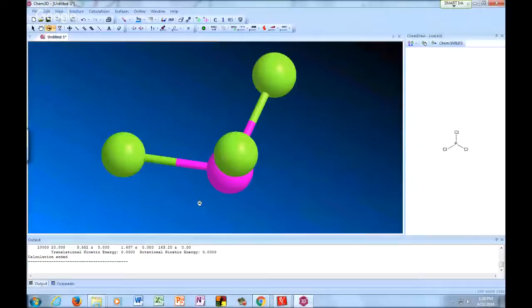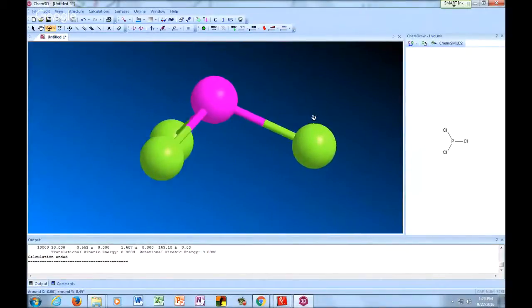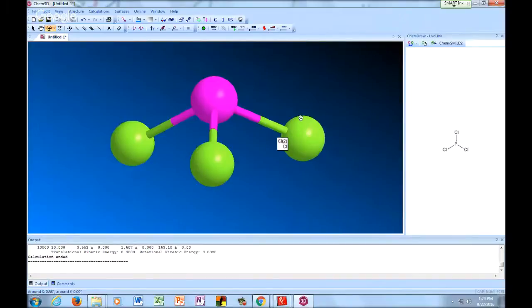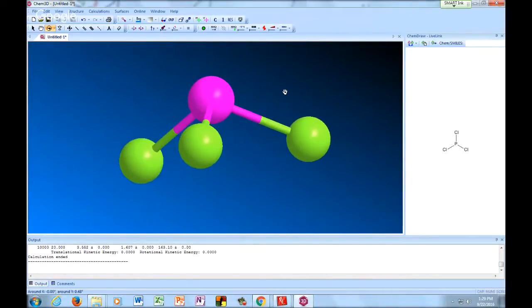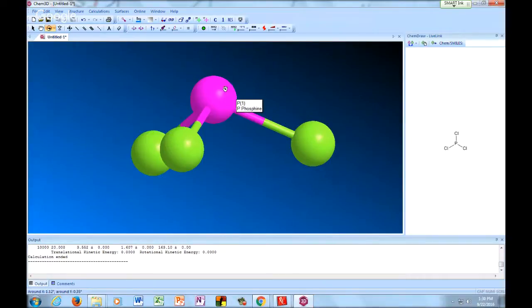Let's see how our calculation's going. Oh, good, it figured it out. After all of that action, it came up with the best structure, which is true. So you have this kind of a thing, and you can see now that you can imagine cutting right through the middle here. All the positive stuff from the phosphorus is on top, and the negative stuff from the chlorine is on the bottom.